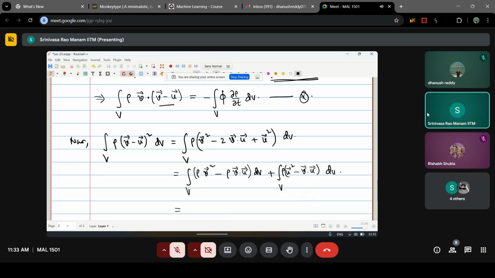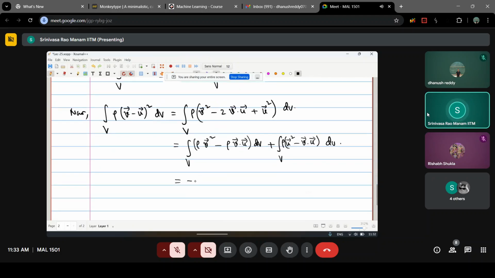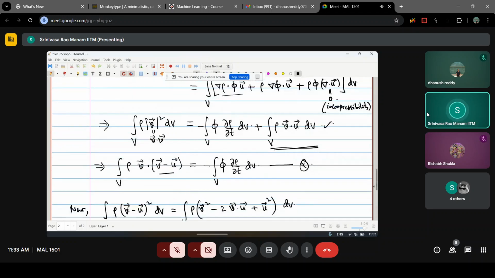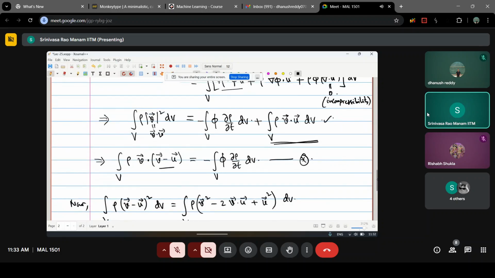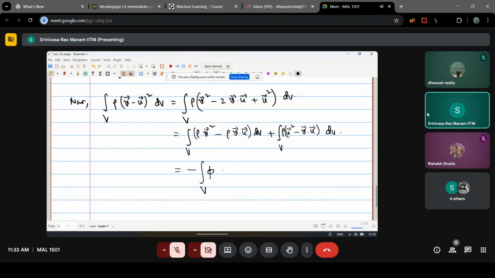From star, you can just replace this with minus integral over V of phi dou rho by dou t into dV, plus integral over V of rho into u bar square minus v dot u dV.